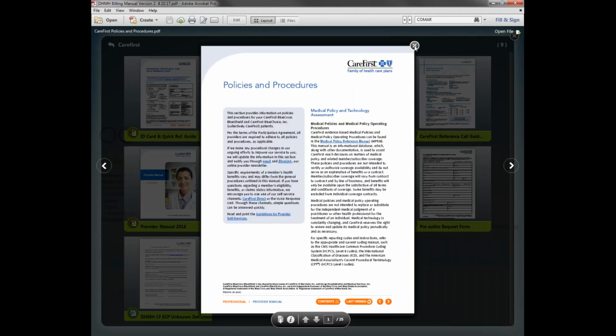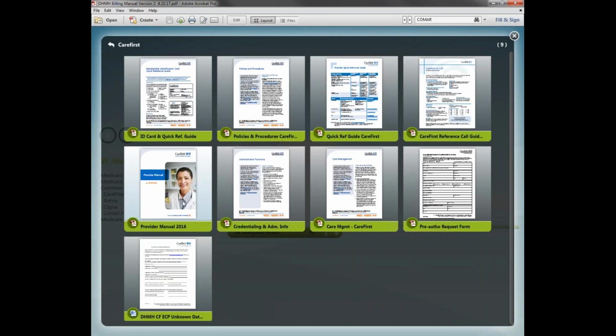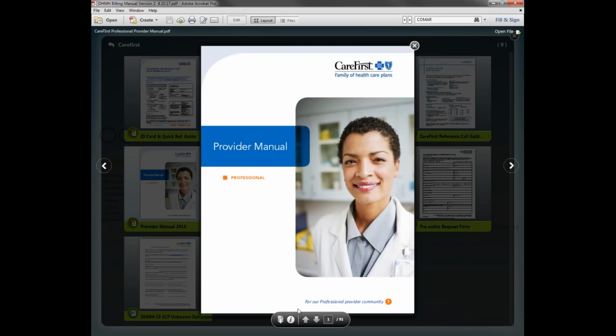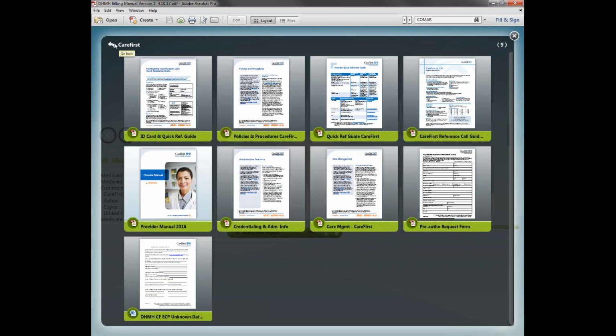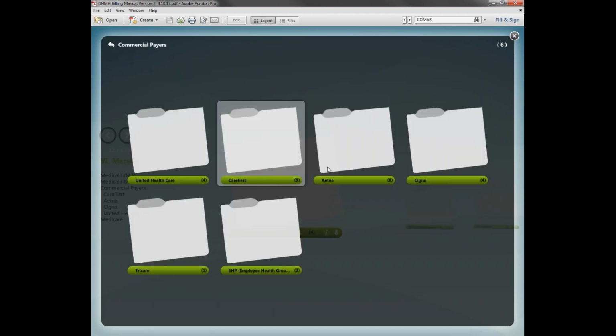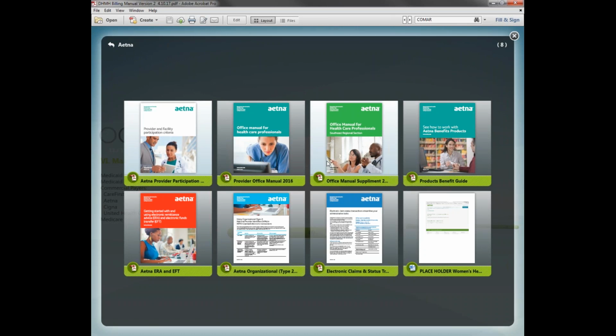There's our policy and procedures. Again, the provider quick guide and the provider manual, which give a lot of great information. Then we have Aetna. I won't go on a lot.